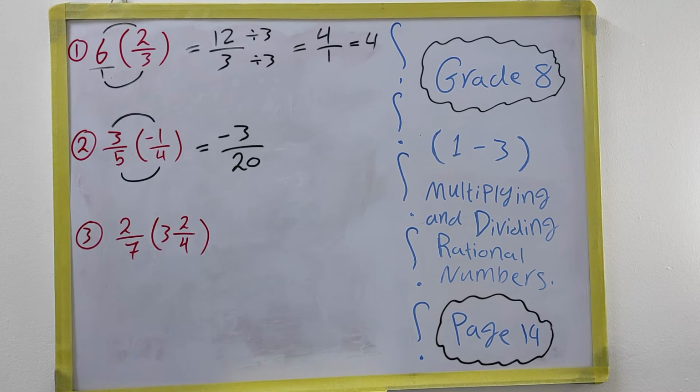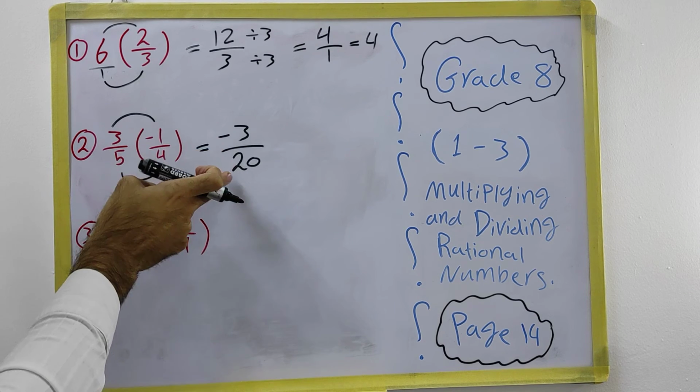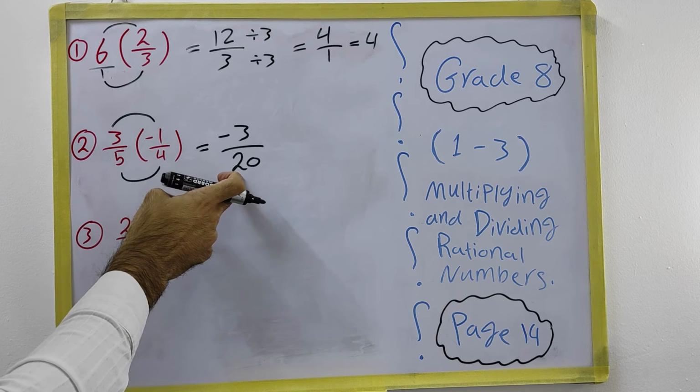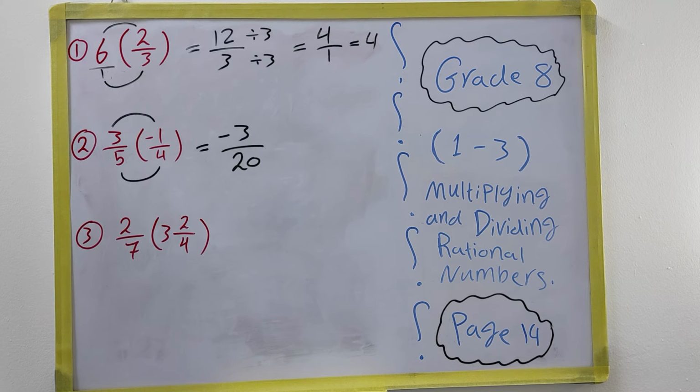Can it be simplified more? Divide by 2. No, this one cannot be divided. Divide by 3. No. Divide by 5. This one cannot be divided, so by none of them can we divide. So this is the simplest form. This is the final answer.